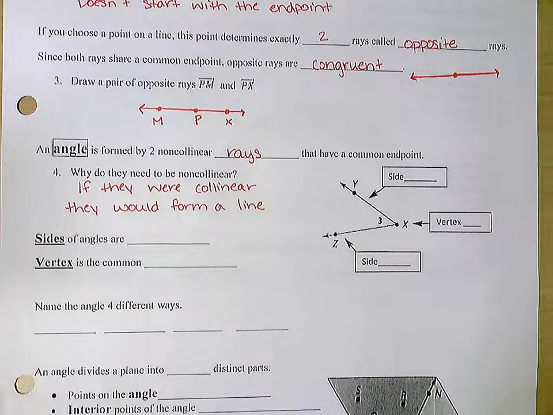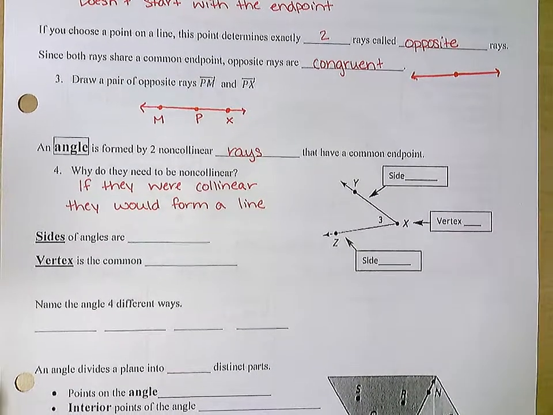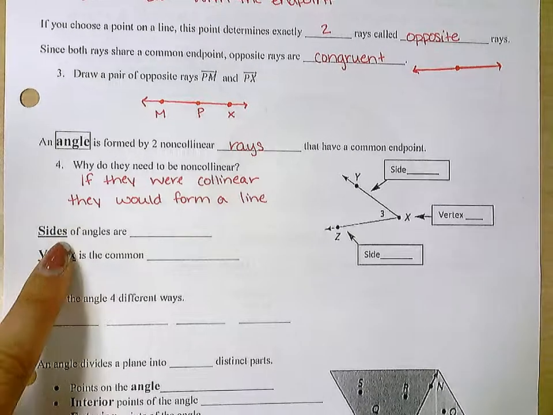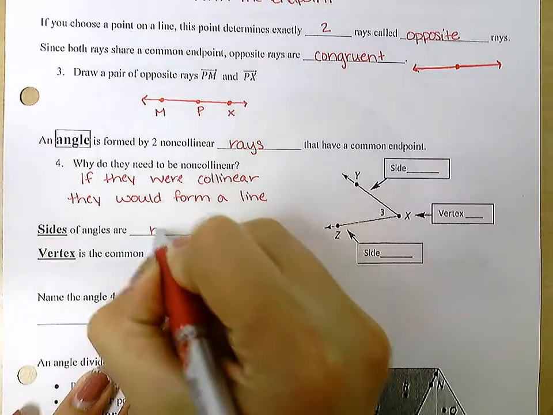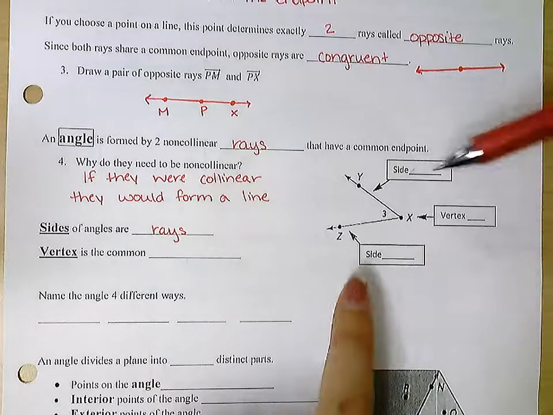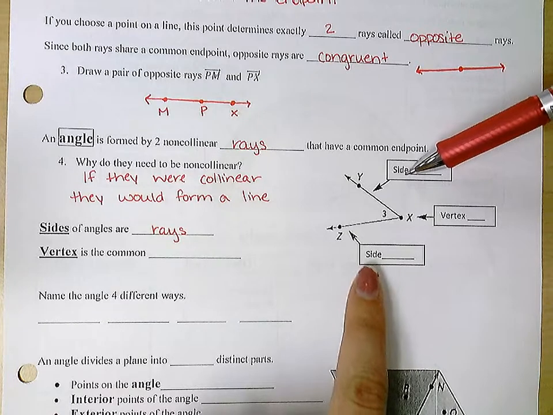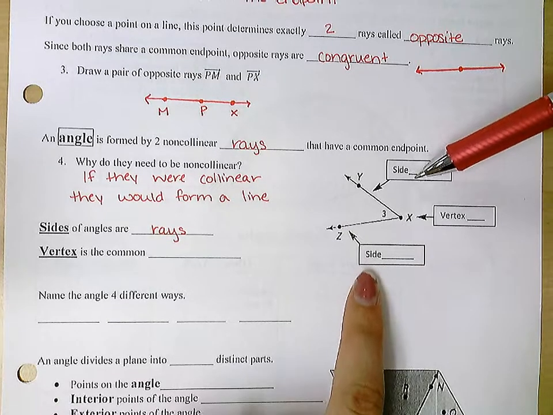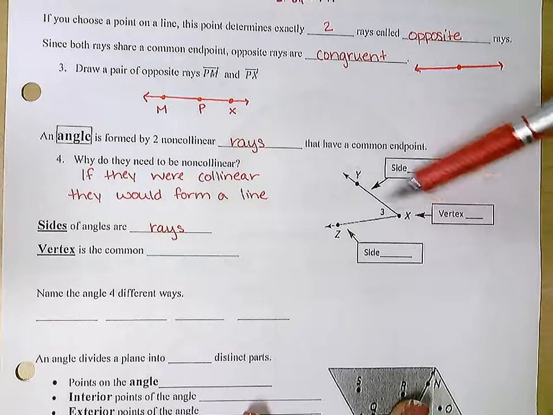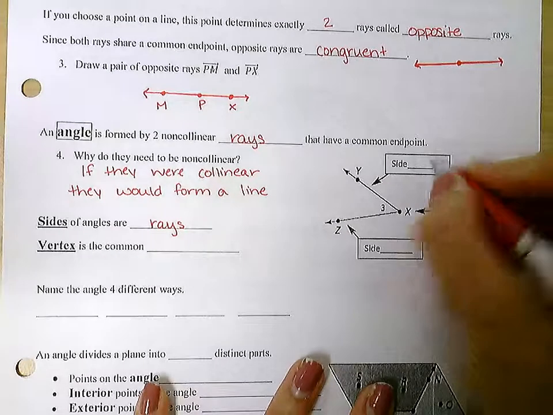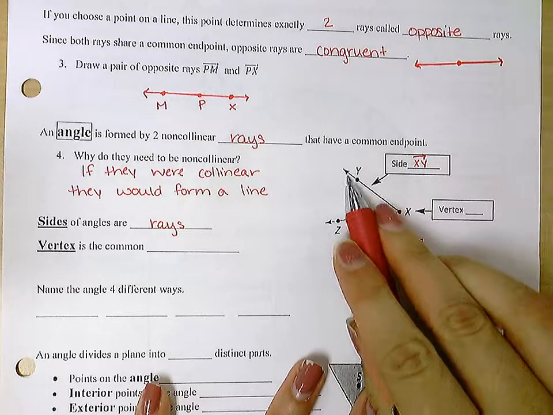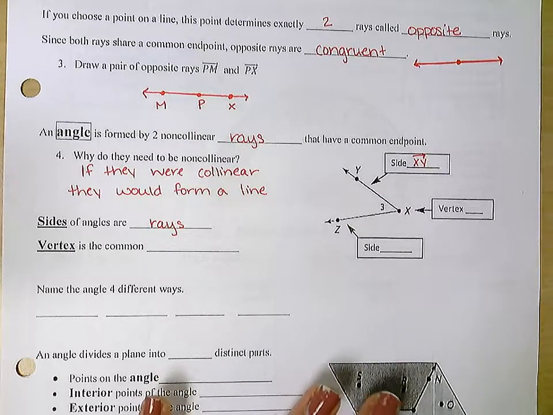Our different parts of an angle: we have sides and a vertex. The sides of angles are rays. If I look over to my picture here, I have two sides. To name the sides of your angle, we name rays. So this side right here would be ray XY, starting with my endpoint, going to a point on that ray.